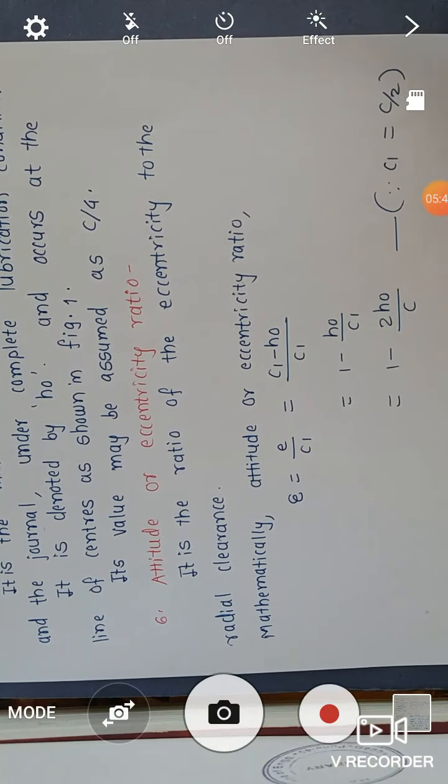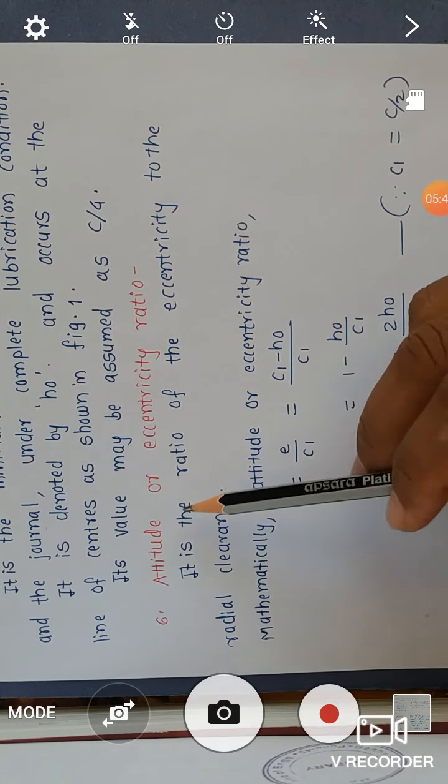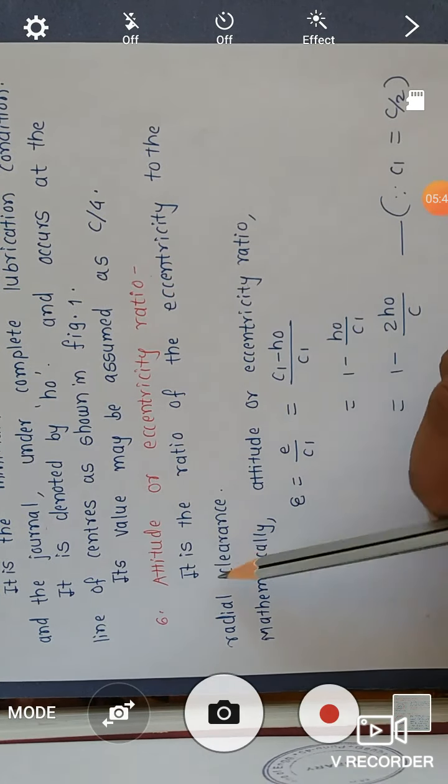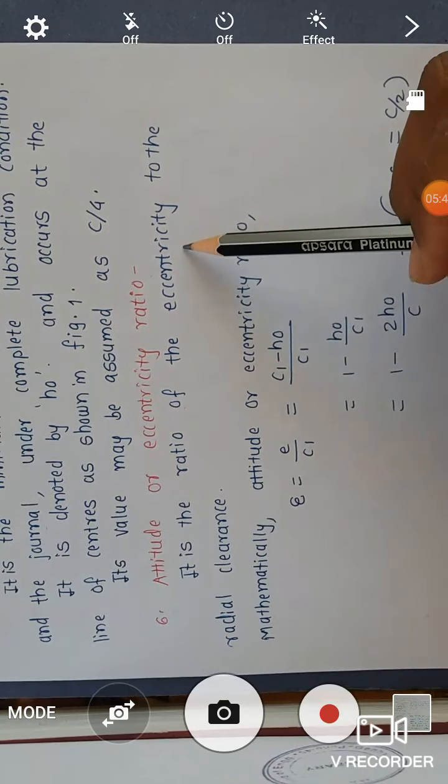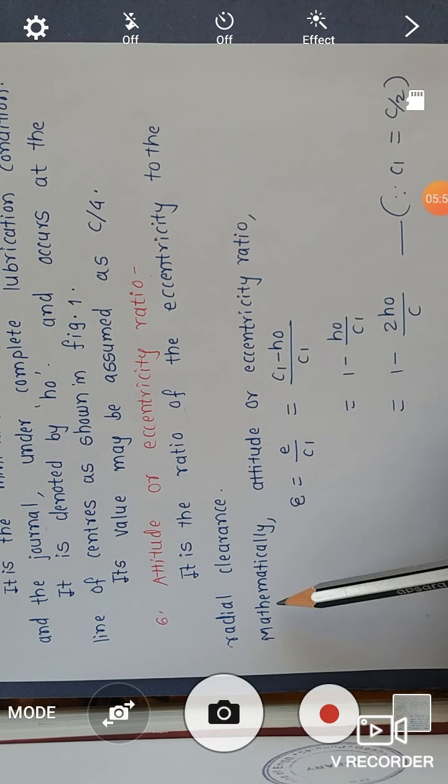Next is the sixth point, that is attitude or eccentricity ratio. It is the ratio of the eccentricity to the radial clearance.